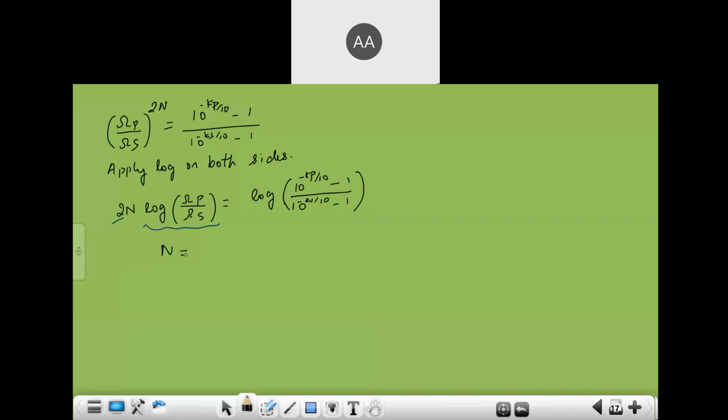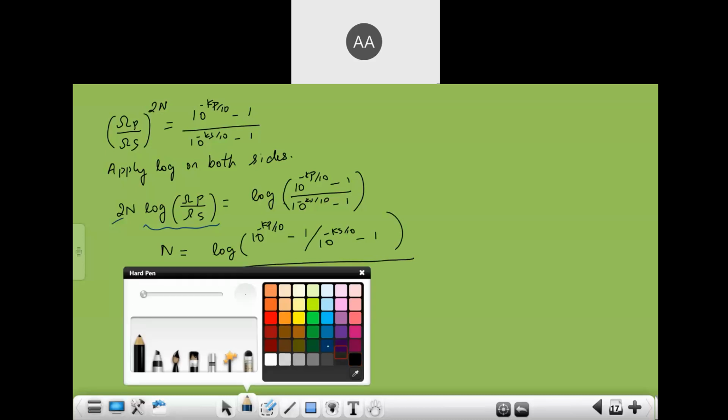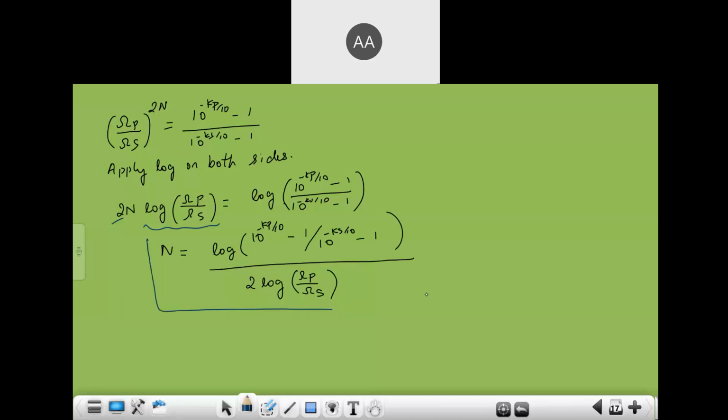Capital N is equal to log of (10 power minus Kp by 10 minus 1) divided by (10 power minus Ks by 10 minus 1), divided by 2 times log of (omega p by omega s). So I got the expression for the capital N. This is the expression which we use to find the order of the filter, right?